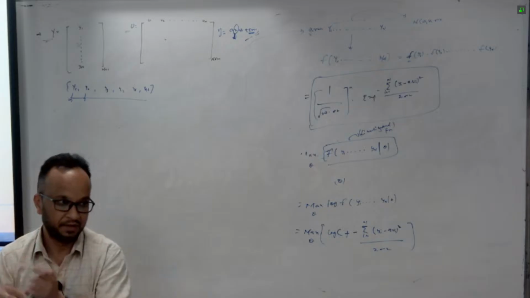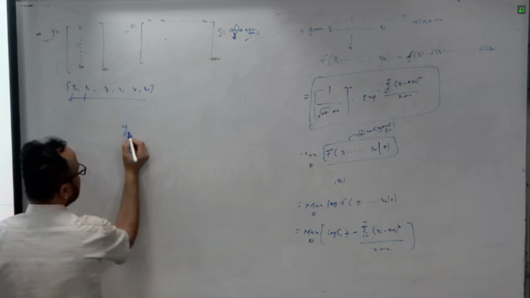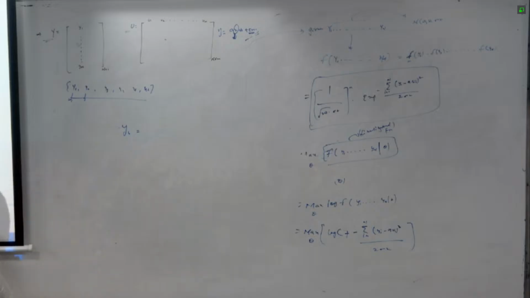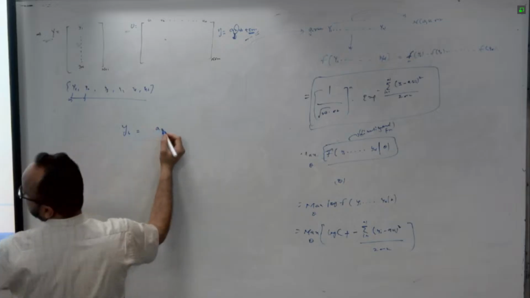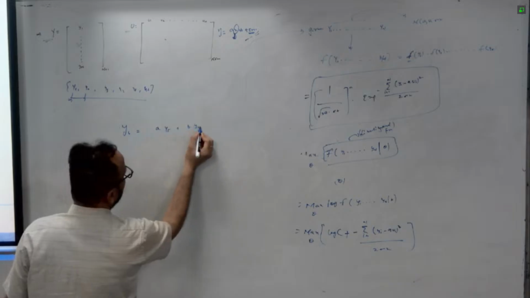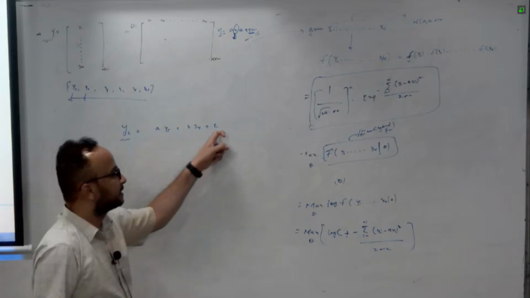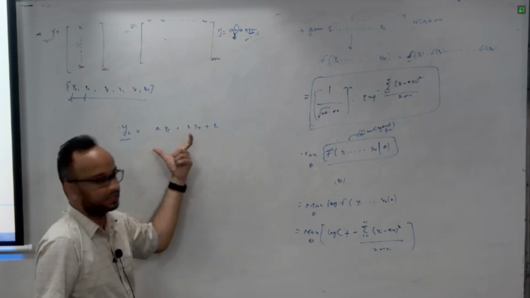For the first model, let's suppose y6 is a random variable, and y6 is a function of a into its parent y5 plus b into parent y4 plus some epsilon, because y6 is a random variable. So I am considering some uncertainty in it. This is a simple linear model structure.